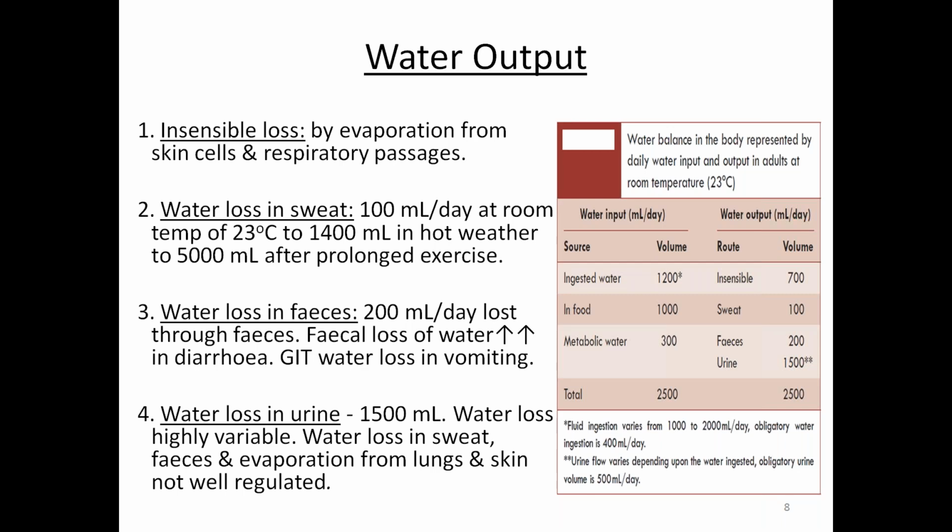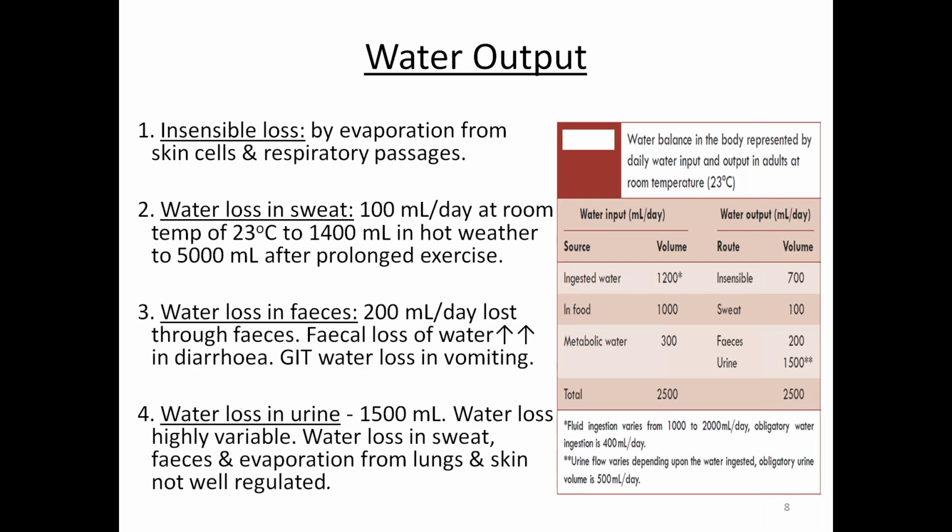Water loss by sweat from skin can vary from 100 ml per day in routine at room temperature of 23 degrees, to around 1400 ml in hot weather, to even 5000 ml following prolonged exercise.